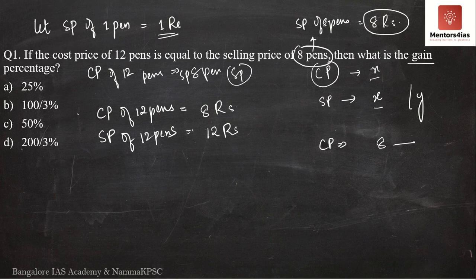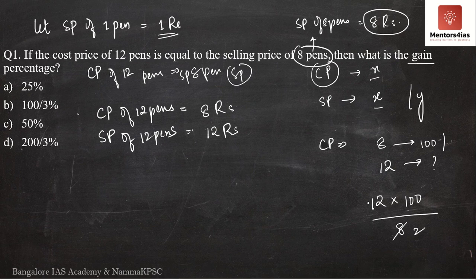So here, if 8 rupees is 100%, how much is 12 rupees? We cross multiply. So we have 12 into 100 divided by 8. 4 2s are 8, 4 3s are 12. 100 divided by 2 is nothing but 50. So we have 3 into 50, which is equal to 150. Meaning the selling price is 150%.